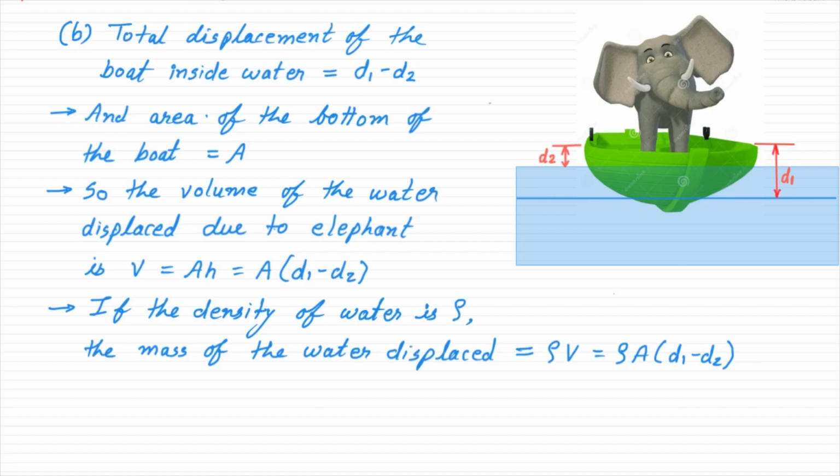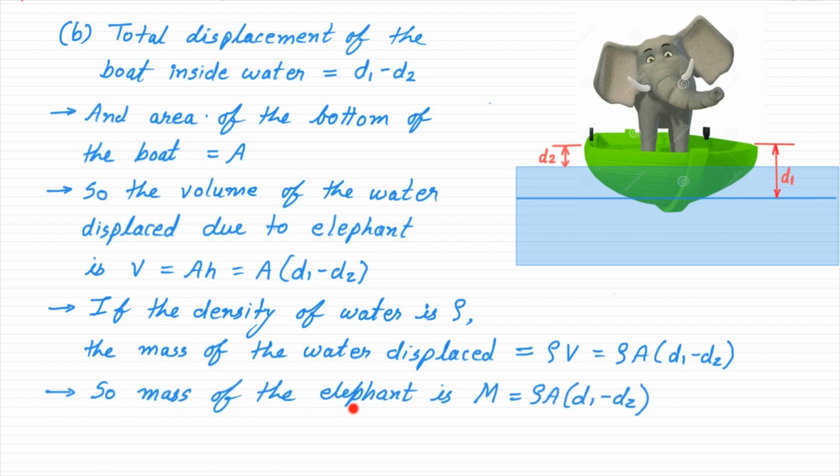So here this mass is nothing but the mass of the elephant also. So I can write that the mass of the elephant is, let us say, capital M, then M is rho A (d1 minus d2). This is our estimated mass and the answer.